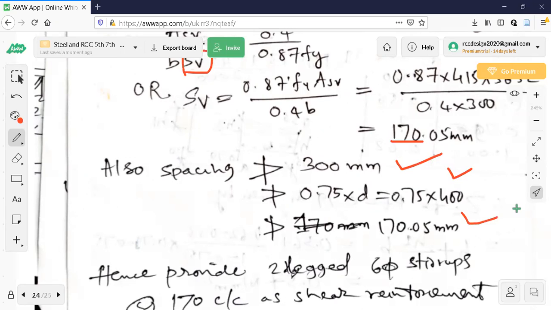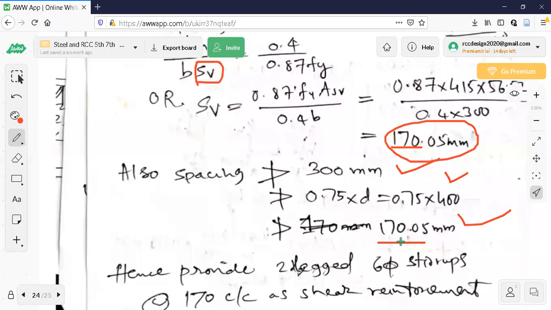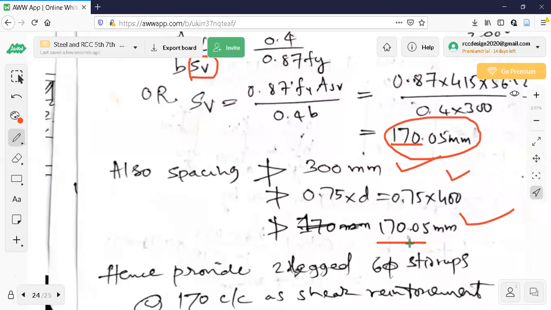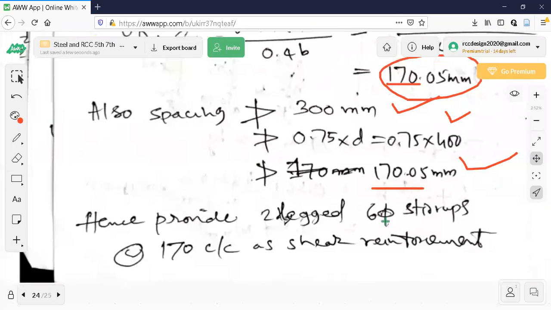Or it should not be more than this number, which is just now calculated. It is here, see. Out of three, the smallest should be selected as a spacing. Smallest is 170.05. So I'll round it off. What I will write? Hence provide two-legged 6 mm stirrups at 170 center to center as shear reinforcement.